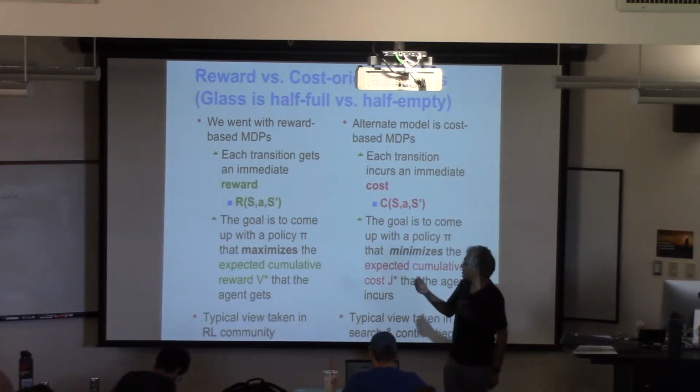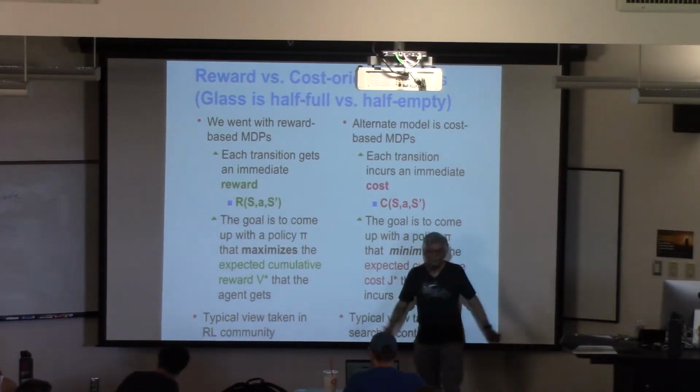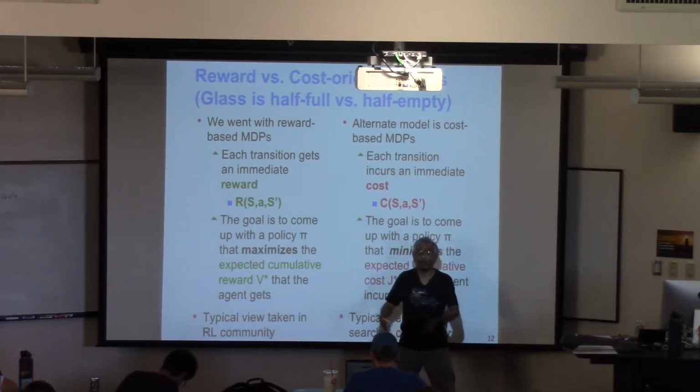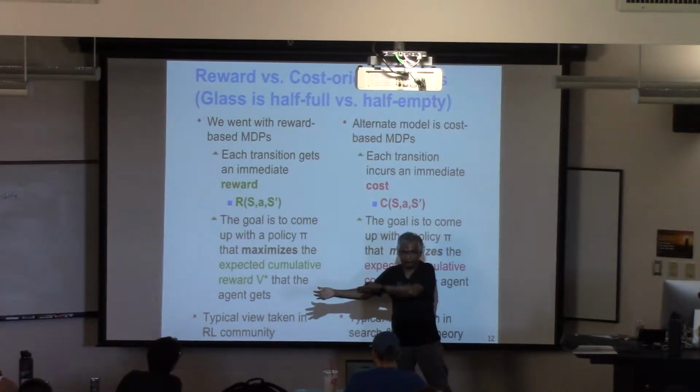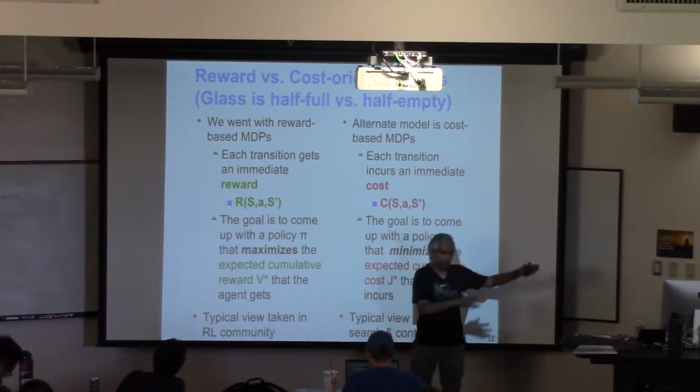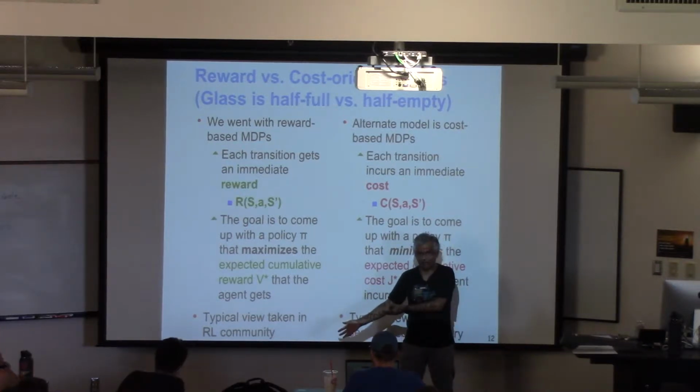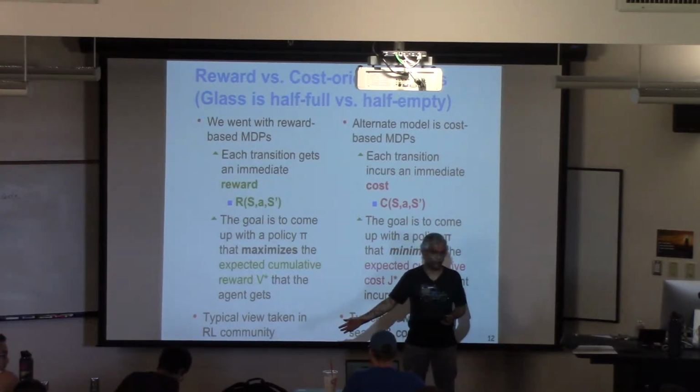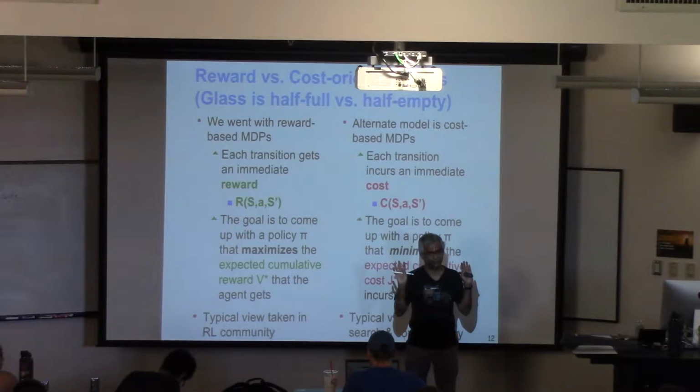Similarly, you can think of life as a happy place that ends with huge happiness. That will be the reward view. Life is a huge drag and then you die. That's the cost view. Both are true.